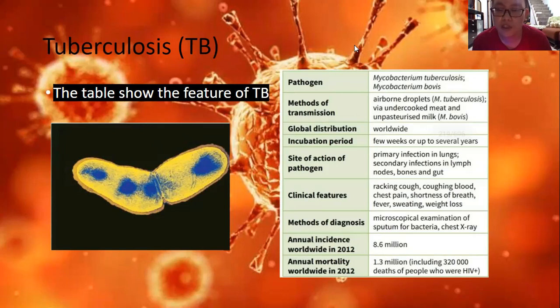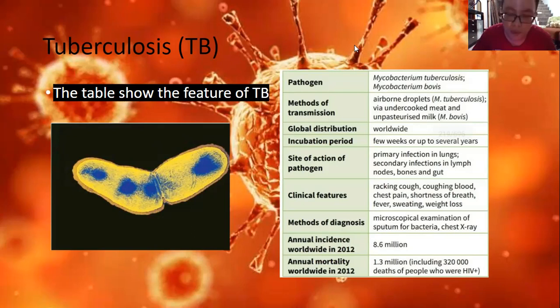The incubation period is a few weeks or up to several years. Site of action of pathogens: primary infection in the lungs, secondary infection in limbs, lymph nodes, bones, and gut. Clinical features: racking cough, coughing blood, chest pains, shortness of breath, fever and sweating, weight loss.